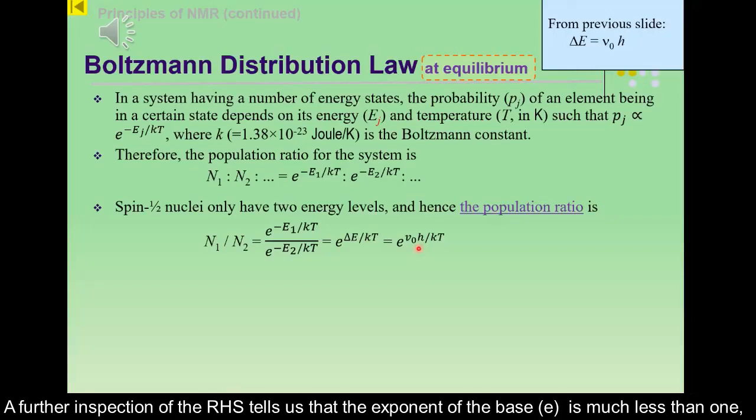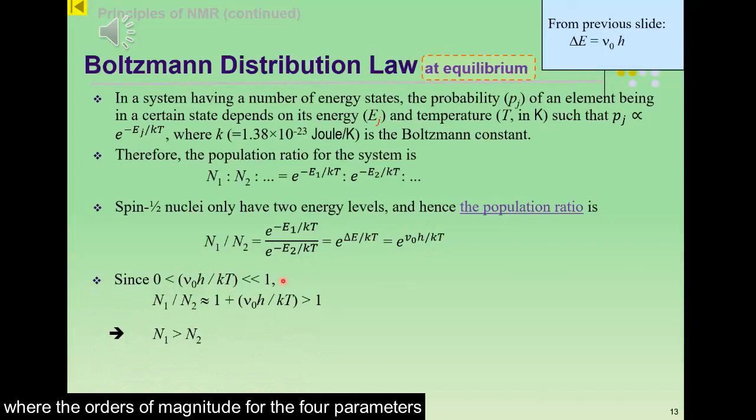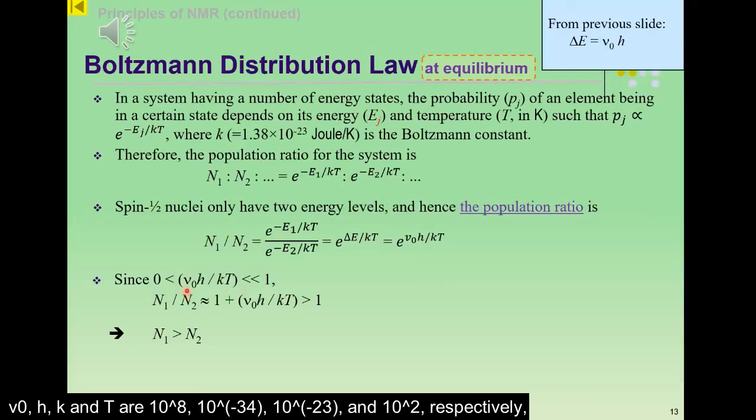Further inspection of the right-hand side tells us that the exponent of the base is much less than 1, where the order of magnitude for the four parameters V naught, H, K, and T are 10 to the power of 8, 10 to the power of minus 34, 10 to the power of minus 23, and 10 to the power of 2, respectively.